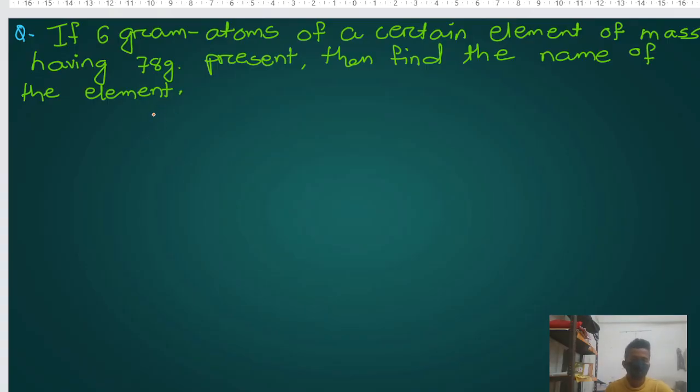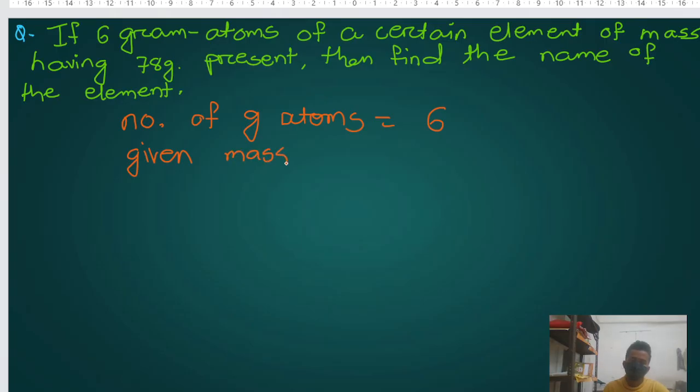Here you can see the number of gram atoms is given, that is 6, and the given mass of that element is 78 gram.